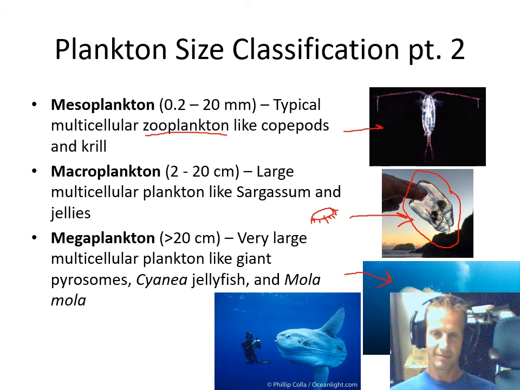And there's even some really big fish that we would consider to be megaplankton, because these fish swim so poorly that they drift at the mercy of the currents. This mola mola, the giant ocean sunfish in the picture here, would be an example of something that is often classified as megaplankton. And their prey is also plankton. They like to eat gelatinous zooplankton, so they would eat jellyfish and salps and maybe other macroplankton.